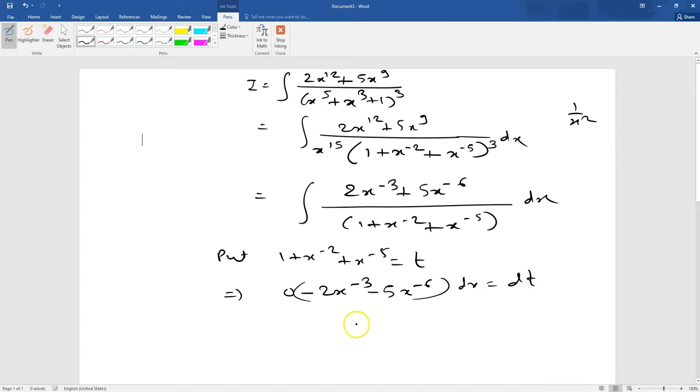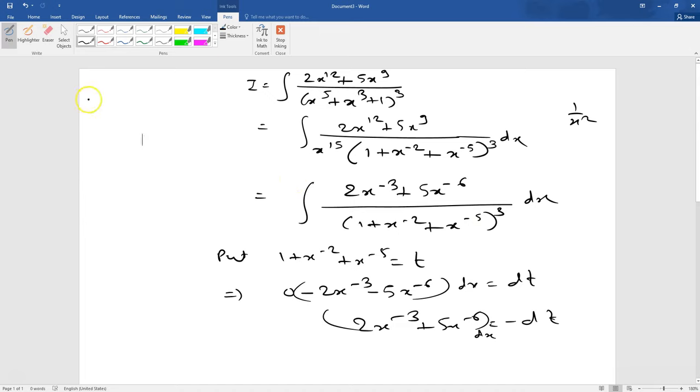Now minus sign दोनों में से कॉमन निकाला, उस तरफ निकाल दिया, so 2x to minus 3 plus 5x to minus 6 is equal to what? Minus dt. यहाँ पे dx आएगा.